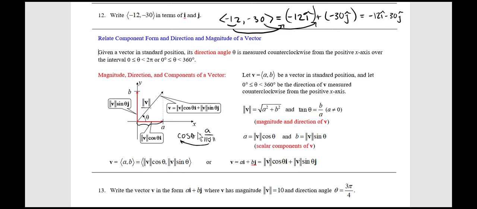So multiply this over, get rid of it here. A equals magnitude of v cosine theta. In the same way, the b value is just magnitude of v sine theta. Right? And we get these expressions here. All this is telling us is that if we want to take our vector, which we said, where were we? Yeah, it was up above.